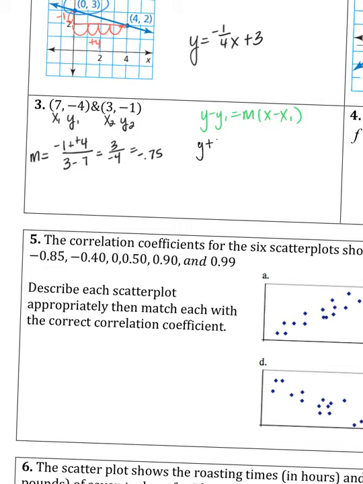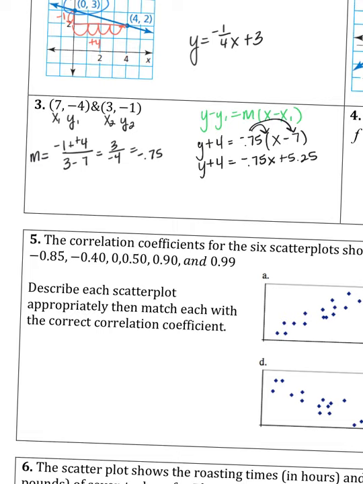So y plus 4 equals -0.75 times x minus 7. When I distribute that 0.75 inside my parentheses, I'm going to get an unchanged left-hand side and -0.75x and a positive 5.25 when I say -0.75 times -7.